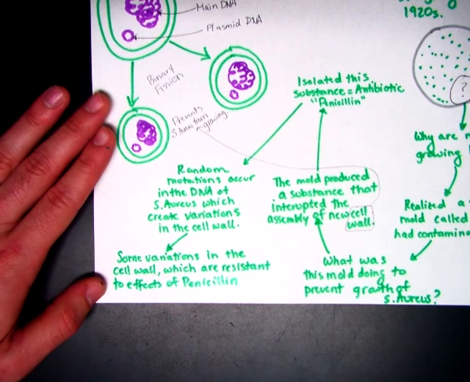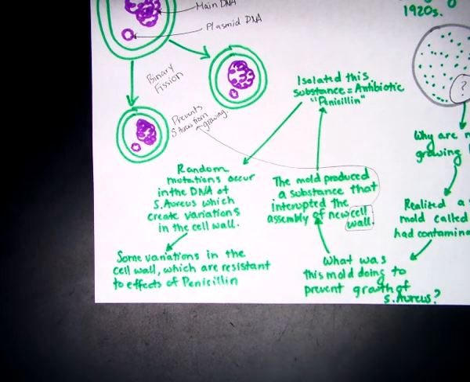So penicillin, again, that substance, interrupts the assembly of the cell wall. There are some variations in the cell wall that penicillin cannot affect. So even in the presence of penicillin, Staphylococcus aureus can still divide and therefore is resistant to the drug.